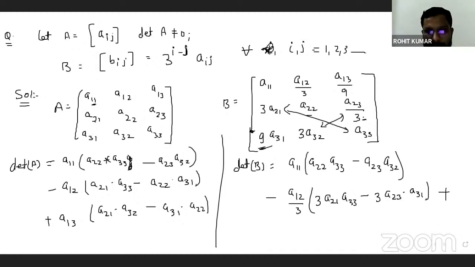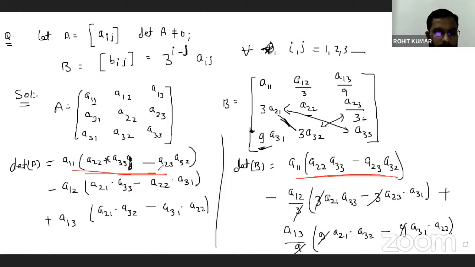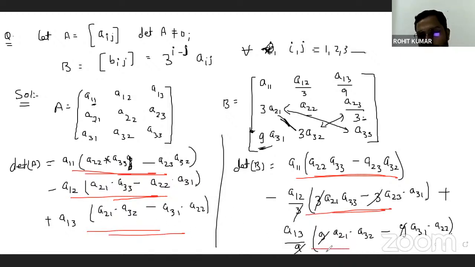Plus A13 upon 9, if we take, that will become 9 times A21 of A32 minus 9 times A31 of A22. So you can take 3 common from this one and 3 will get cancelled, 9 common from this group and it will get cancelled. Now the remaining quantity is equal to the first part, this one is equal to the second part, and the third one is equal to the third part of it. So basically, the determinant of A has come out equal to the determinant of B.